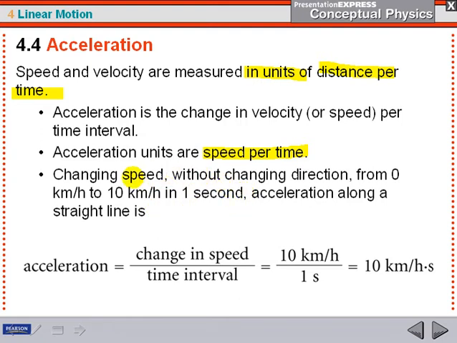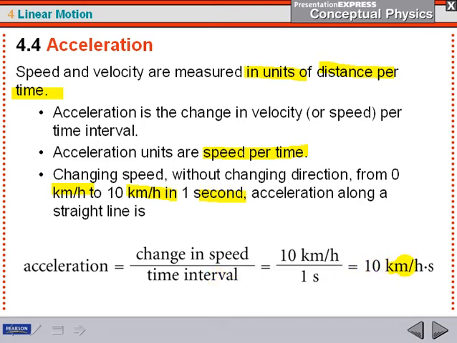We have something changing its speed, once again in a straight line, going from 0 kilometers an hour to 10 kilometers an hour in 1 second. So we put our change in speed up here, which is 0 to 10 kilometers per hour. It's a change of 10 kilometers per hour, and that's going to occur over 1 second, which is our time interval.